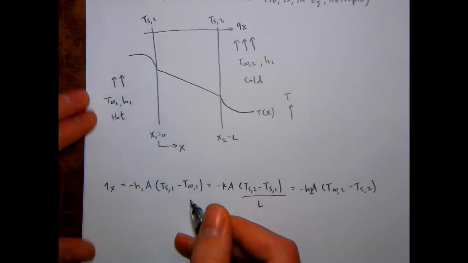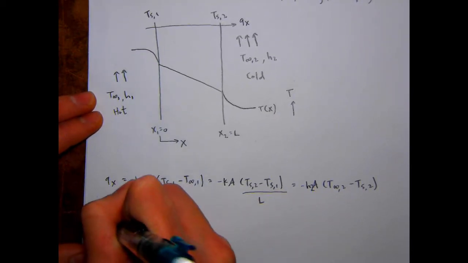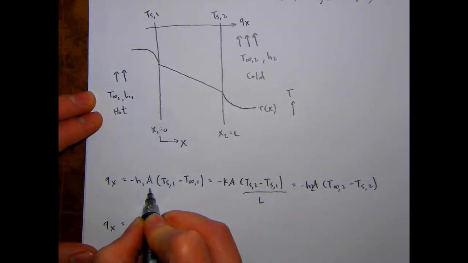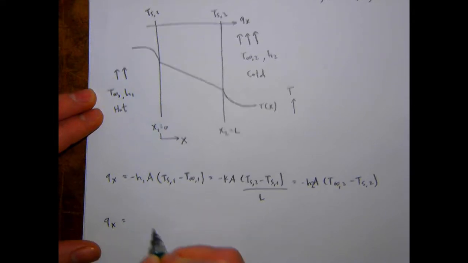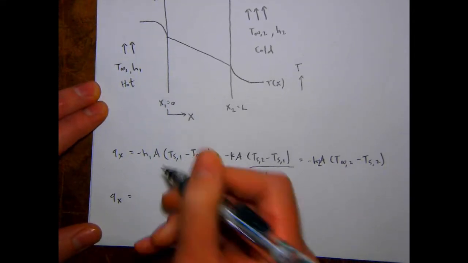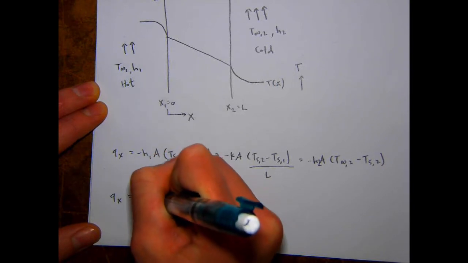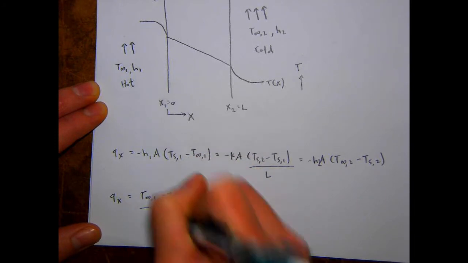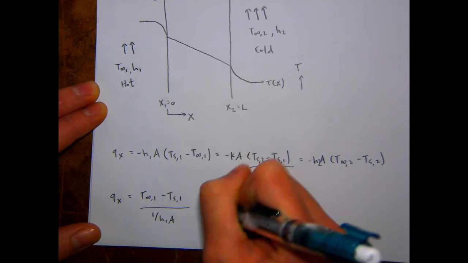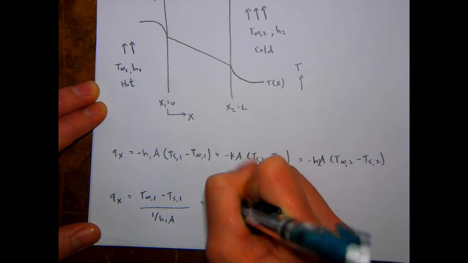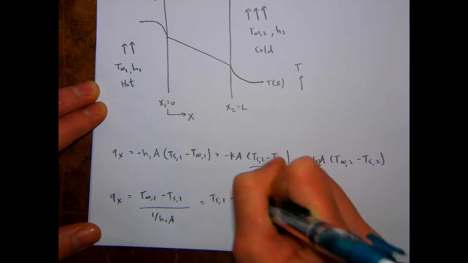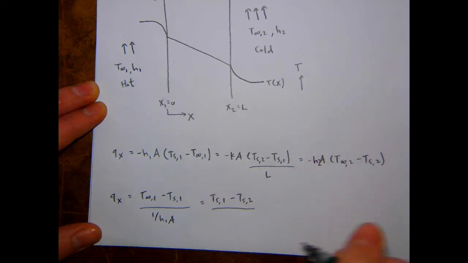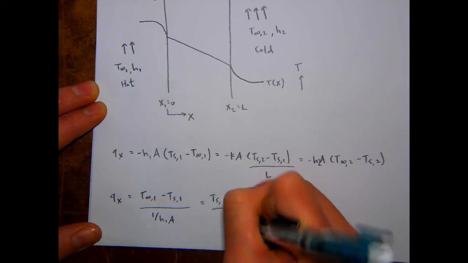Okay, if we just rearrange this a little bit, we're going to distribute our negatives and take quantities that are in front of the temperature distributions down into the denominator. So T infinity 1 minus TS1 over 1 divided by H1A is equal to TS1 minus TS2, since we're distributing the negative, so we're flipping the temperature, divided by L over KA.